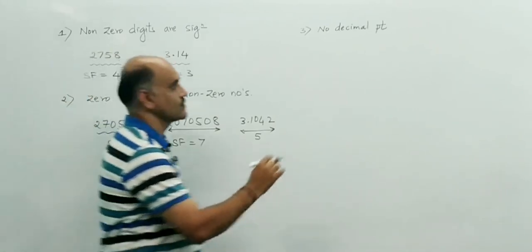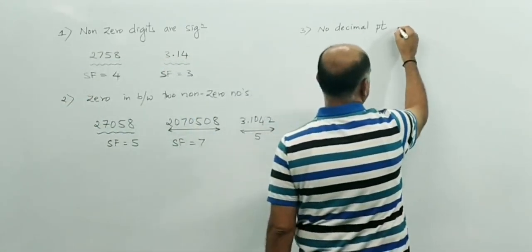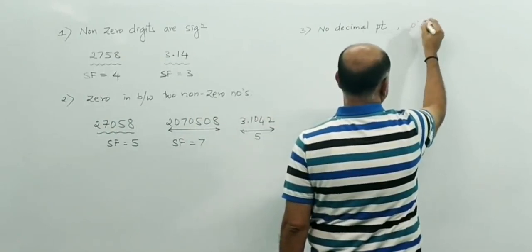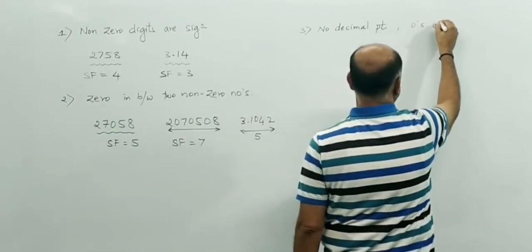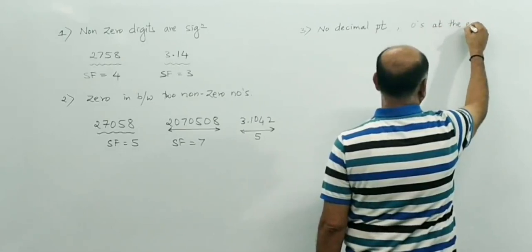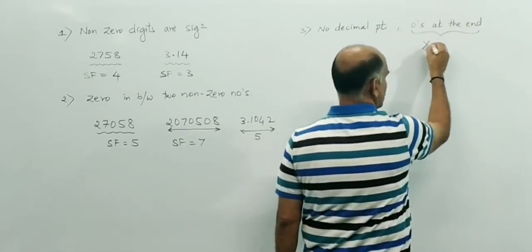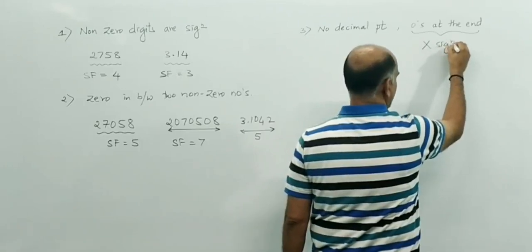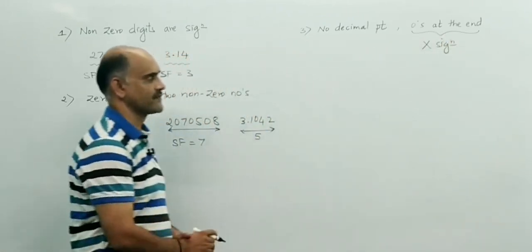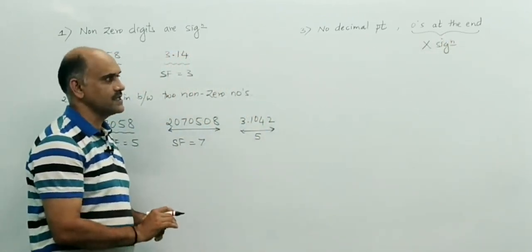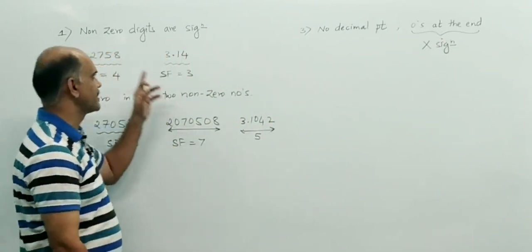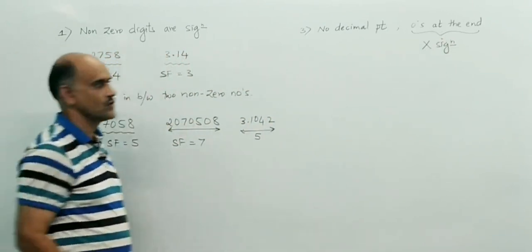So there is no decimal point, zeros at the end. These zeros at the end are not significant.